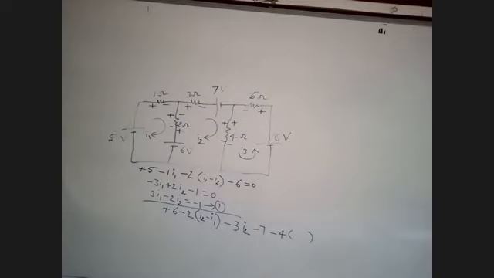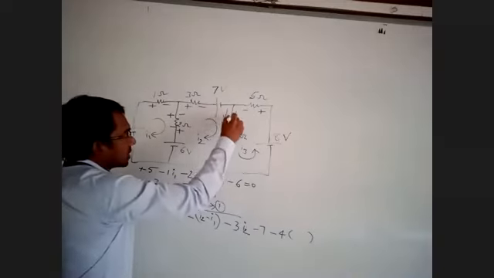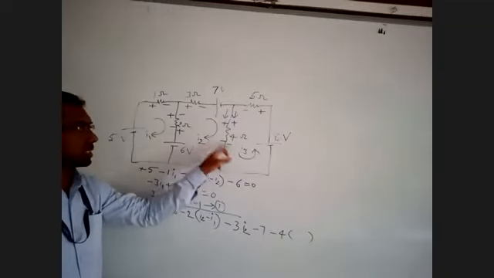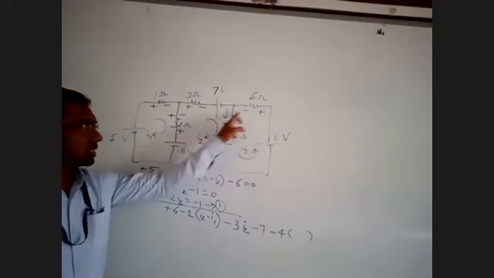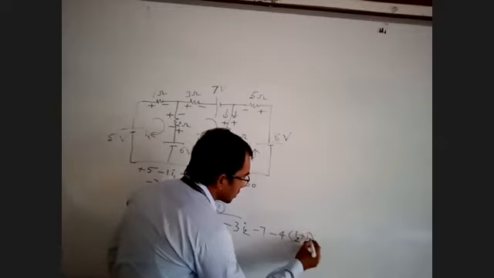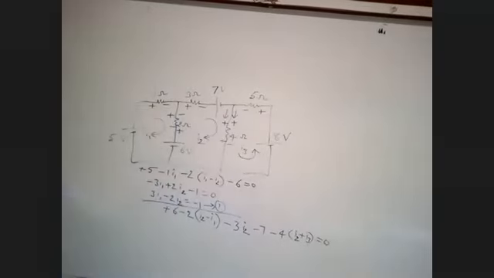I2 is in the downward direction and I3 is also in the downward direction, both the same polarity, so I2 plus I3. That is equal to 0. We have completed the second loop.